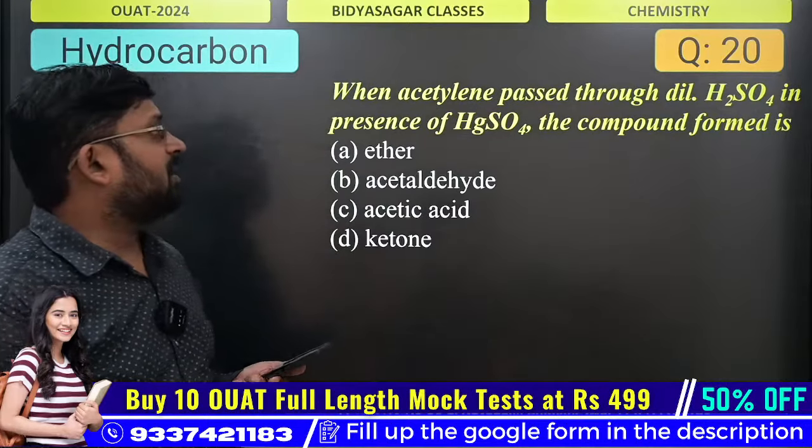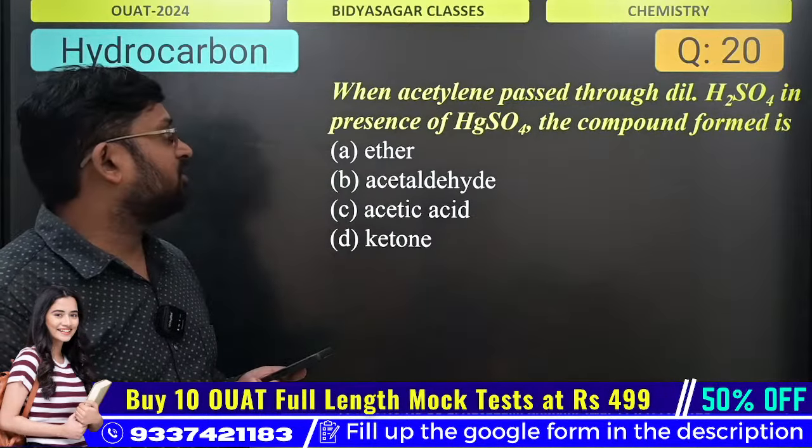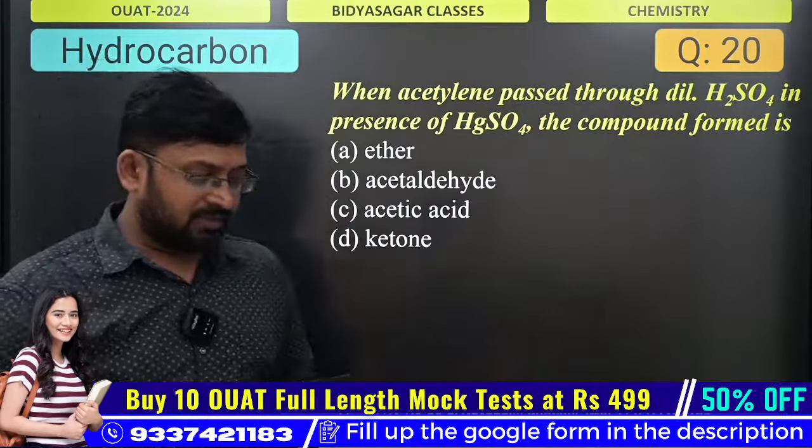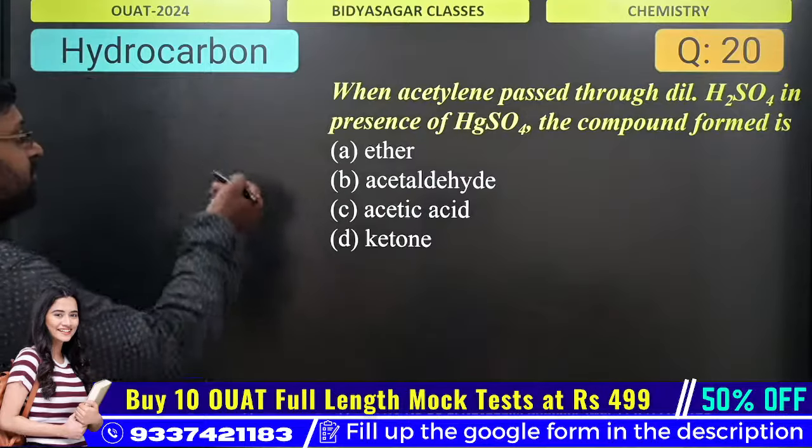So last question, question number 20. When acetylene is passed through dilute H2SO4 in the presence of HgSO4, the compound formed is. Very important question. See here.